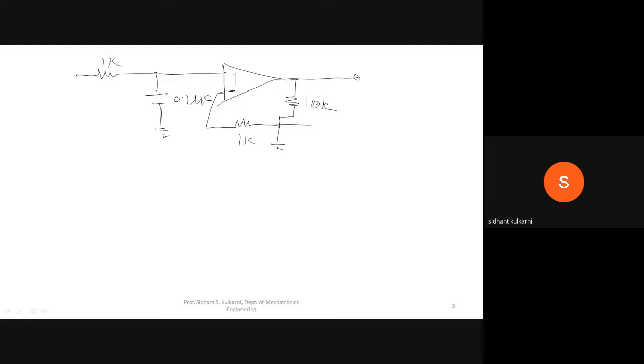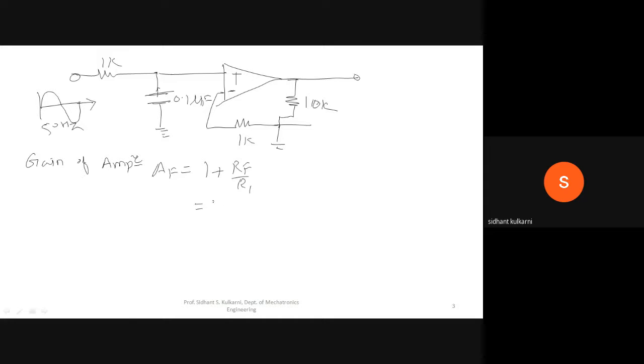This capacitor is grounded. Input voltage of some frequency is applied. Let's say 50 hertz is applied to this. I want to know these components. First of all, what is the gain of the amplifier? Can anyone tell me the gain with feedback, AF is equal to? 1 plus RF upon R1.